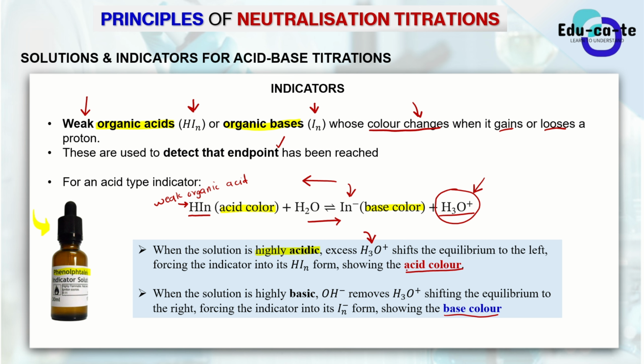So whatever amount of titrant that you keep on adding, it is going to react with the indicator itself. It's going to either give the indicator some protons, or take away some protons from the indicator. And whenever an indicator, a weak organic acid or a weak organic base, gains or loses a proton, it will change color, and that color change is an observable phenomenon. Okay, we can observe it using our human eye.